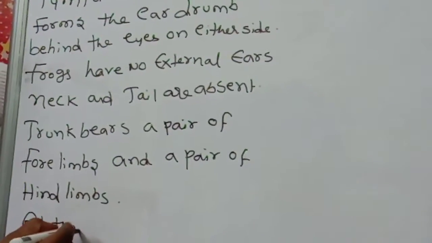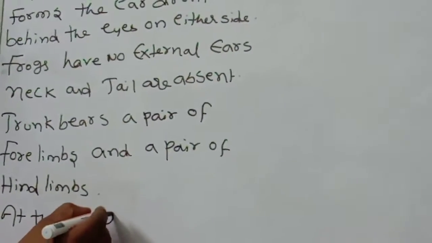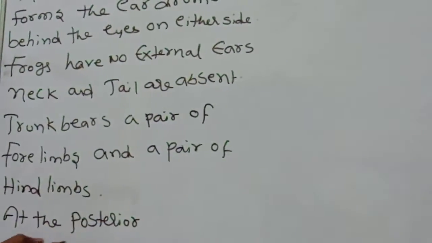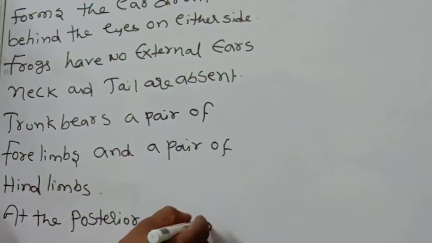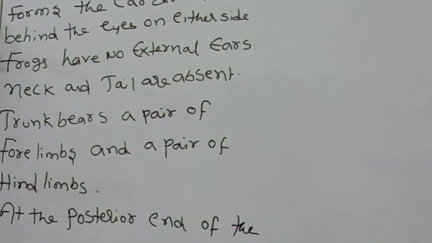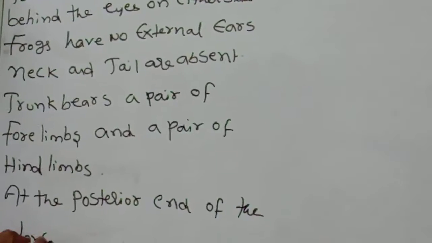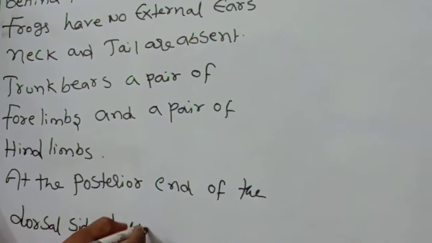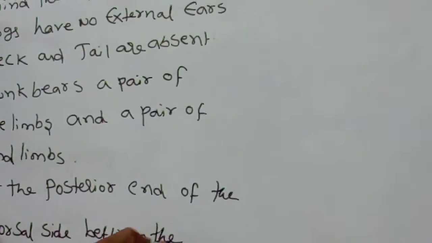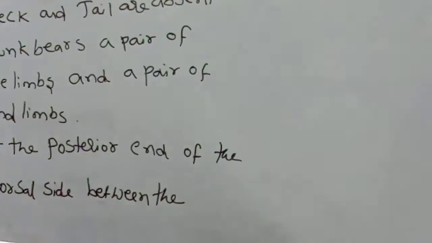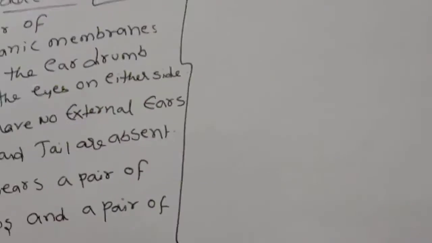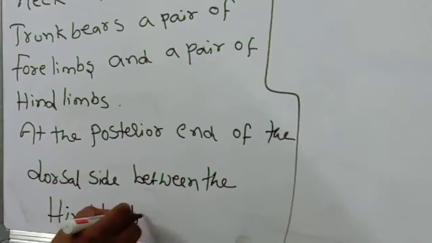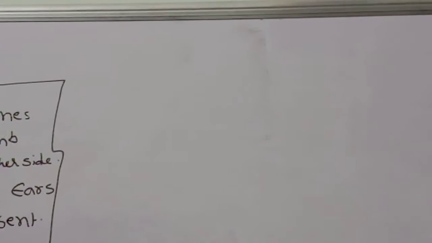At the posterior end of the dorsal side, between the hind limbs, there is the cloacal aperture.